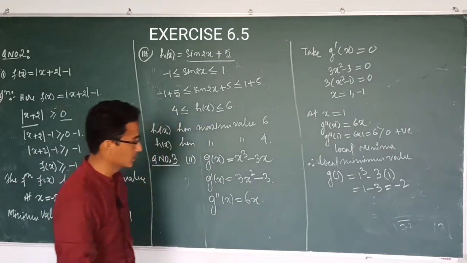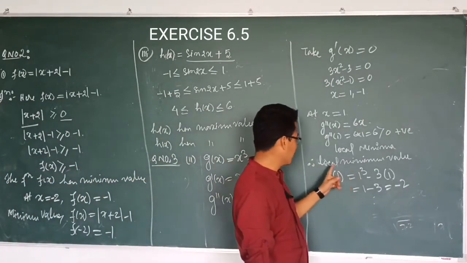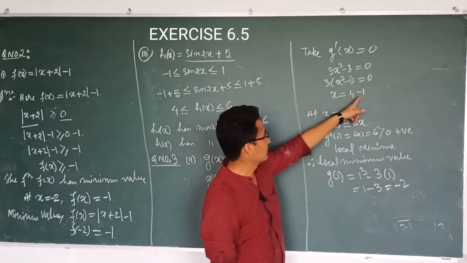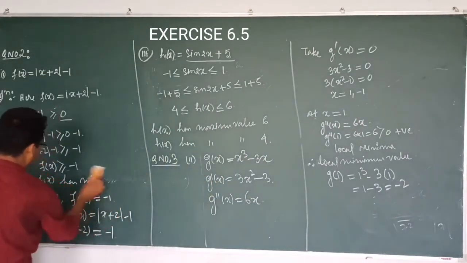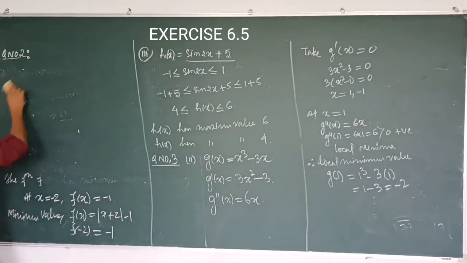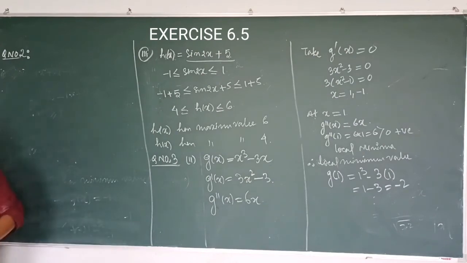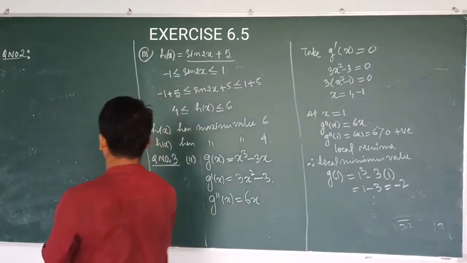Okay, minus 2 is the local minimum value. Clear? Now I will check at minus 1. At x equal to minus 1, we will check whether it is local maxima or minima.